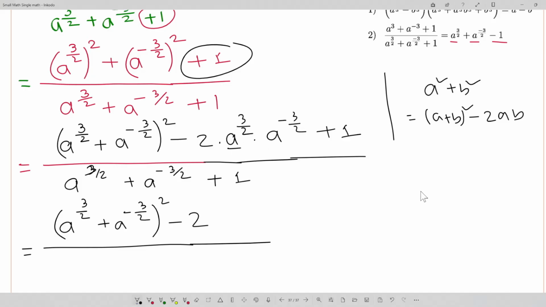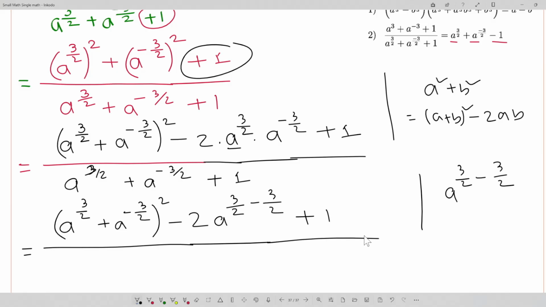The bases are the same, so we can do a to the power 3 by 2 minus 3 by 2, right? Because once the bases are the same, the powers will be added. It means a to the power 3 by 2, and here is plus, so we add, but plus and minus will be minus, so 3 by 2 minus 3 by 2 and here plus 1, right?